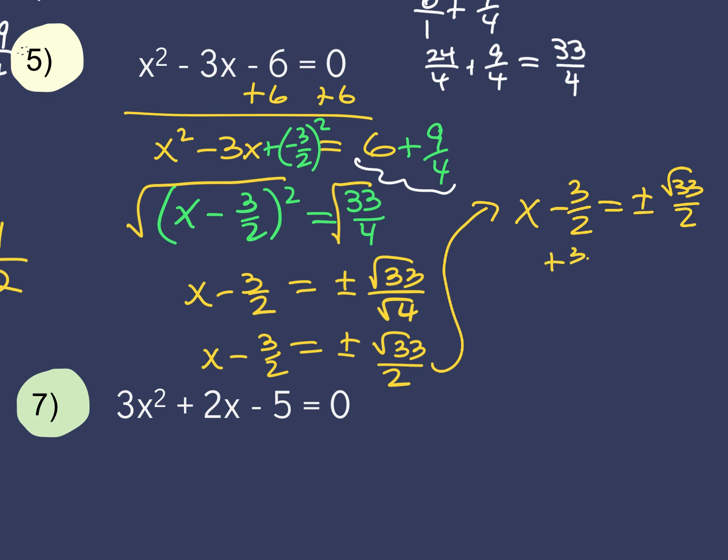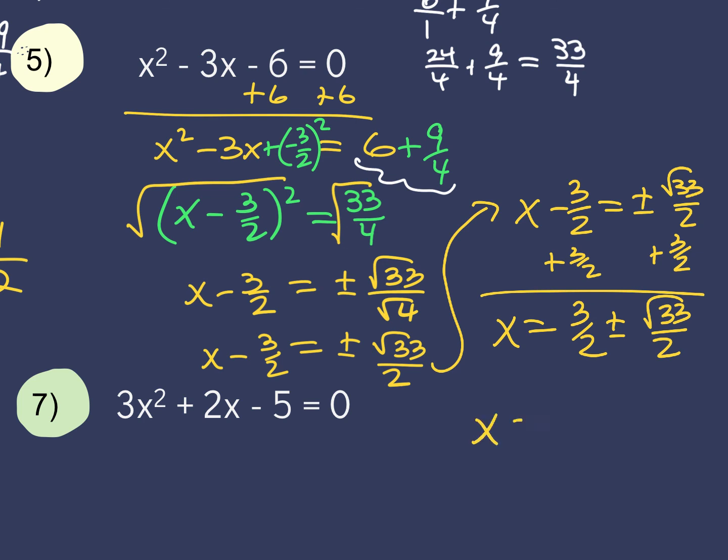I'm going to add the 3 over 2. And x is equal to 3 over 2 plus or minus the square root of 33 over 2. You can either leave it apart like that, or if you realize they both have the common denominator of 2, you can also write your answer like this, with a single denominator. Either way.